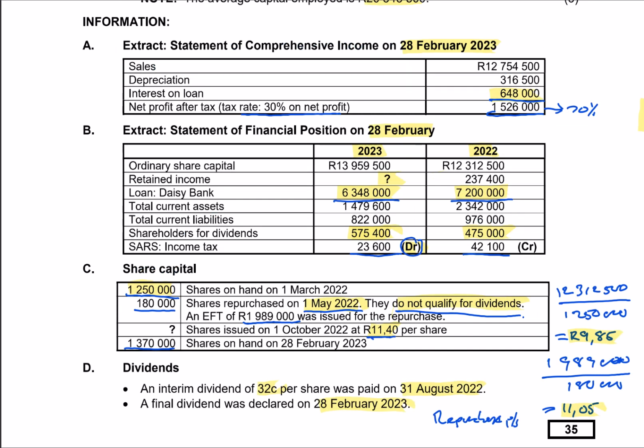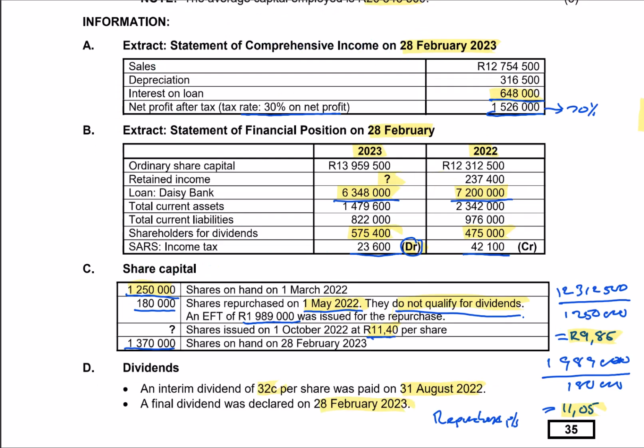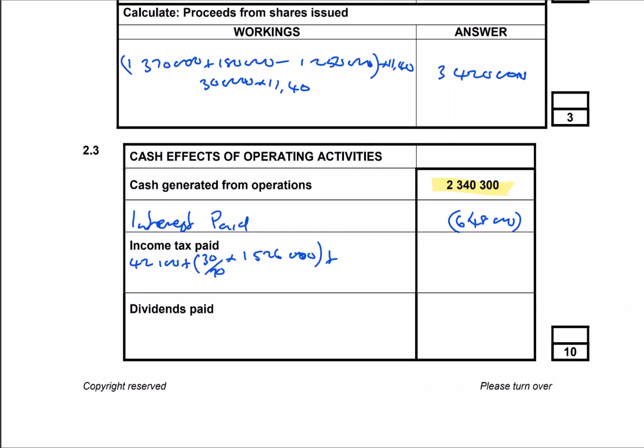If it was a credit, I would subtract the closing balance, but because this amount was paid, we paid the 23,600, that's why we have a tax asset. So plus 23,600.